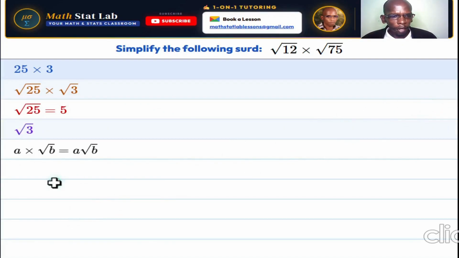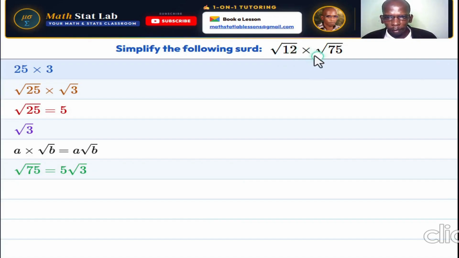Then we apply our rule where a multiplied by the root of b is equivalent to a root of b, where in this case a would be 5, and the root of 3 will be the root of b. So the root of 75 is the same as 5 root 3.